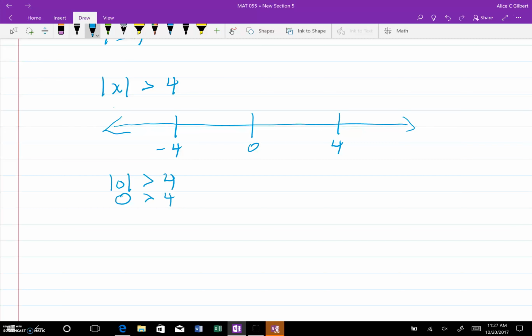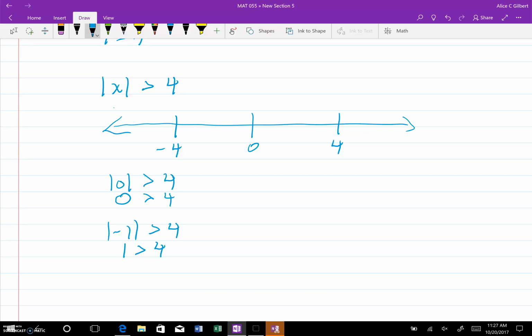Is 0 greater than 4? It is not. So what if I made it be, let's say, -1? The absolute value of -1 is 1. Is 1 greater than 4? No. So it's looking like this is not between -4 and 4.